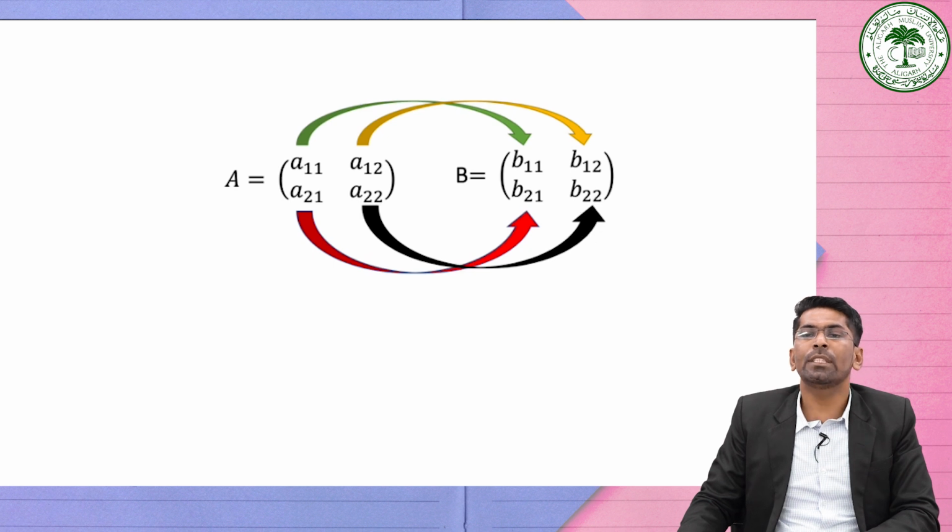So here the first element of matrix B, that is B11, should be subtracted from the first element of matrix A, that is A11.